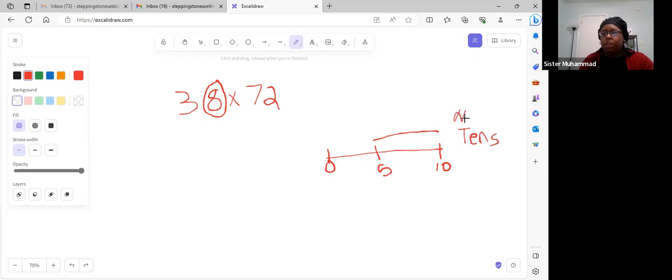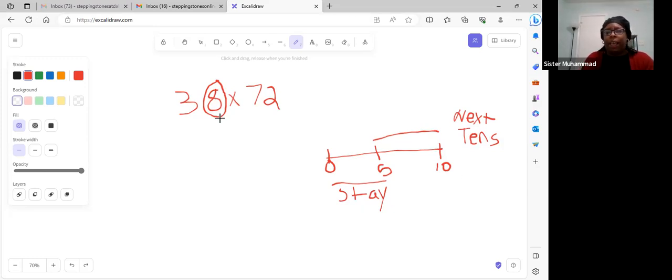I'm gonna put next up here. And this is just a mathematical map to remember. Anything lower than 5 to 0 will stay the same. So we're going to put stay. When we see stay, it means stay the same. When we see next 10, we're moving to the next tens place, okay?